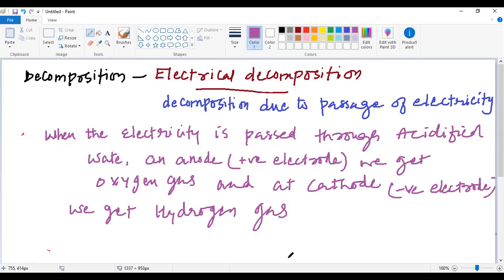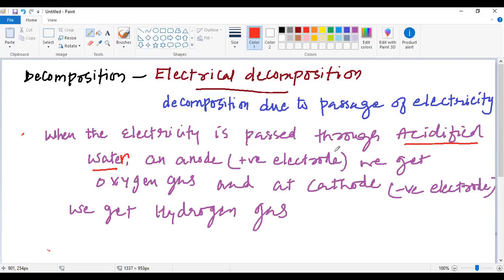Now, my dear students, it's interesting to note that there are a few things I would like to bring to your notice: when the electricity is passed, the water must be acidified. Please remember that the water must be acidified. Now, why should this water be acidified?